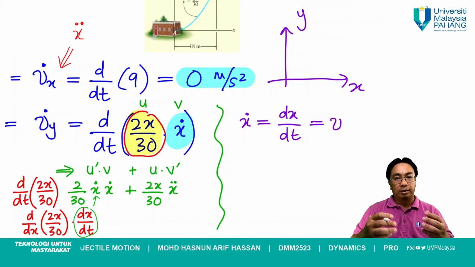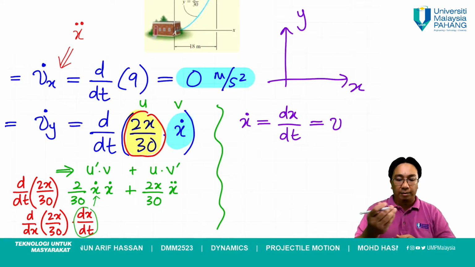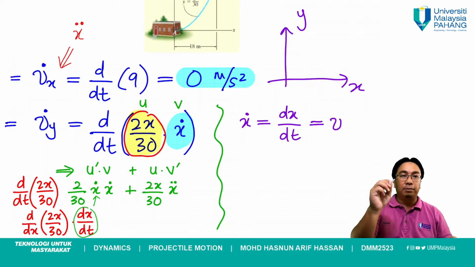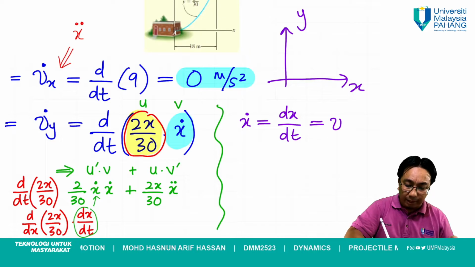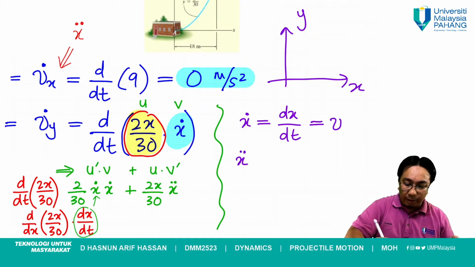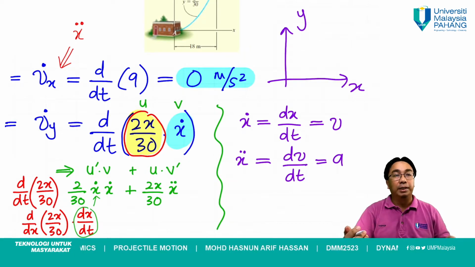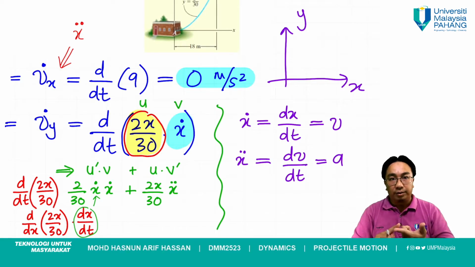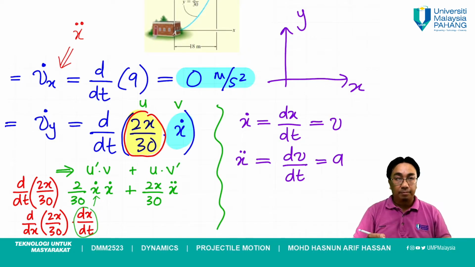So when you get the rate of change of displacement in x over time, it equals velocity. So x dot, whenever there is just a dot, means dx over dt, so equal to v. When x double dot, it equals dv over dt, or equal to acceleration. X double dot means acceleration. X is displacement, x dot is velocity. You differentiate once more, you get acceleration. Can you understand?